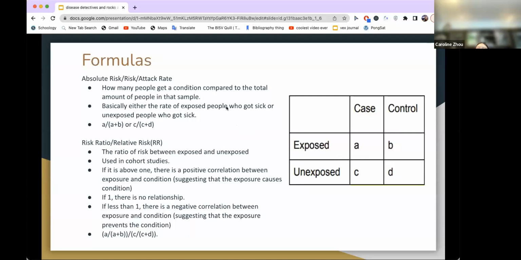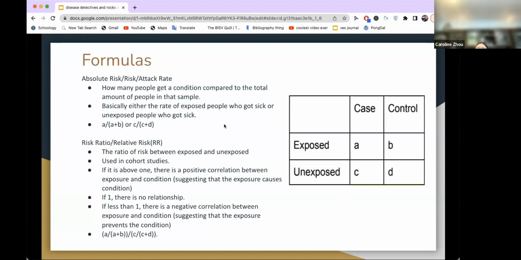The rate of exposed people who got sick: A is the exposed people who got sick, and A plus B is the total number of exposed people. So A divided by A plus B. And unexposed people who got sick is C, and the total is C plus D. So C divided by C plus D.